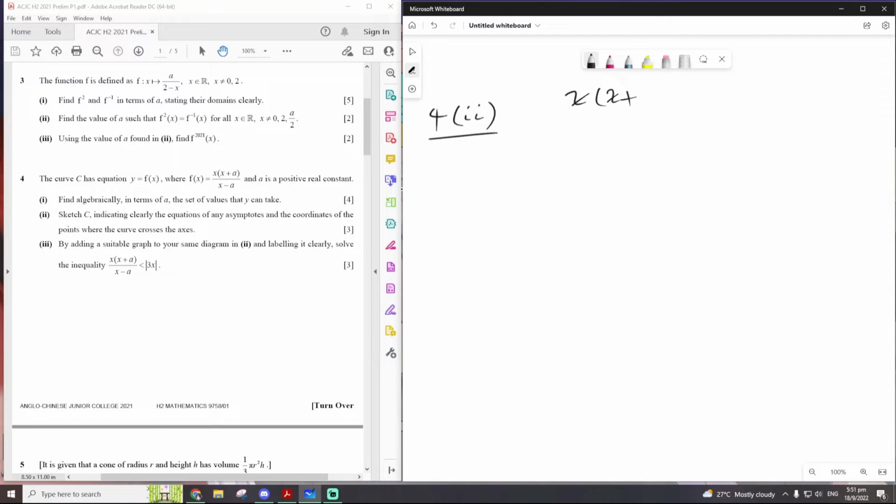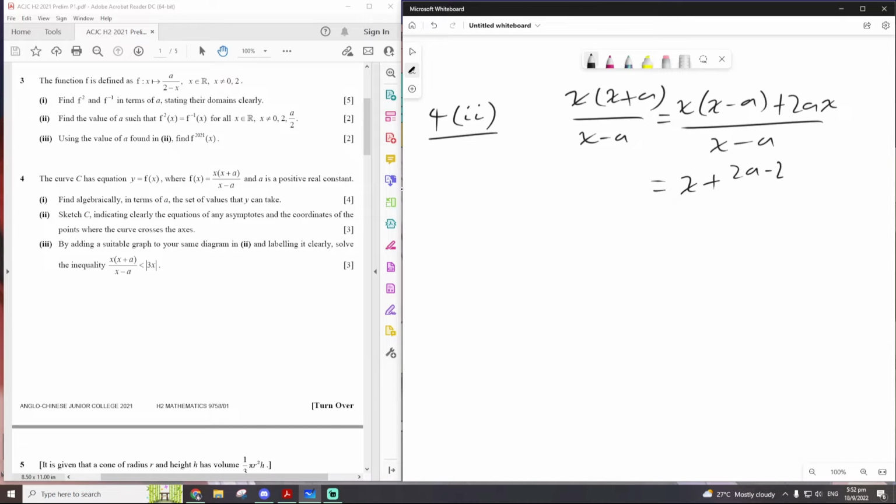Okay, x times x plus a divided by x minus a. This is equal to x times x minus a, and then plus 2ax, over x minus a. This is x plus 2a, and then 2ax minus 2a squared plus a squared, 2a squared, divided by x minus a.